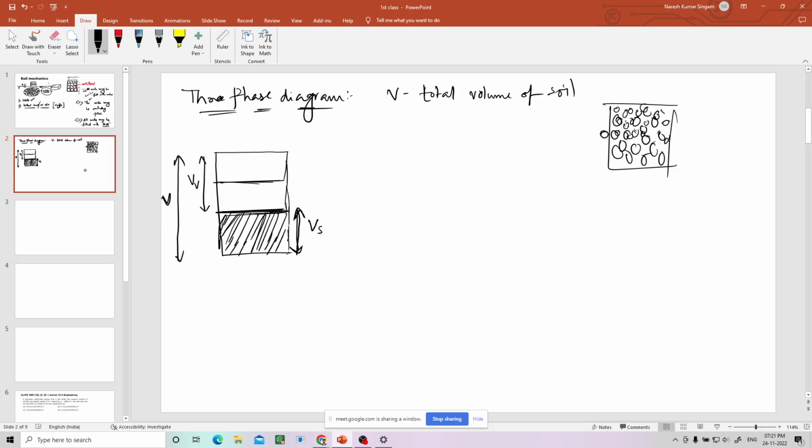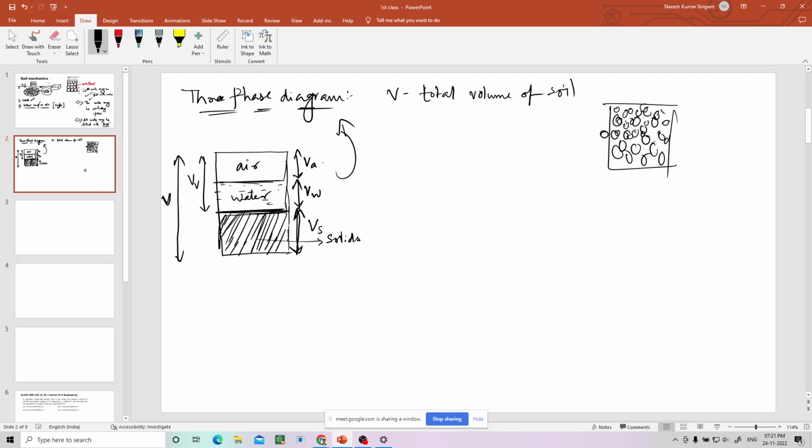This one is solids, this one is water, and this will be air. So if I draw this, volume of water, volume of air. As there can be three different materials present in the soil mass, this is called the three-phase diagram.